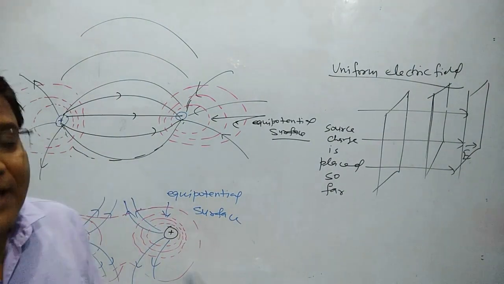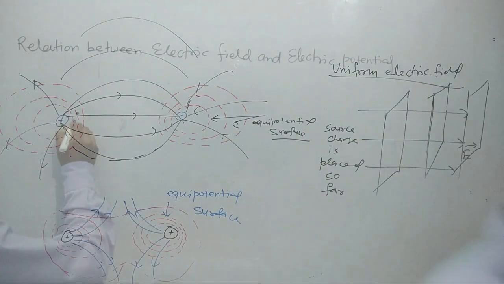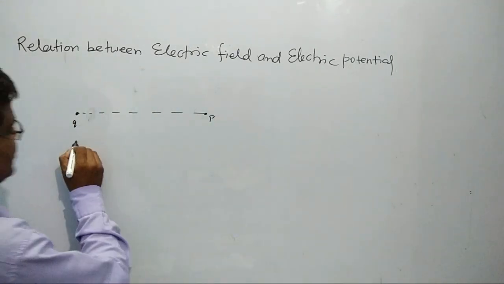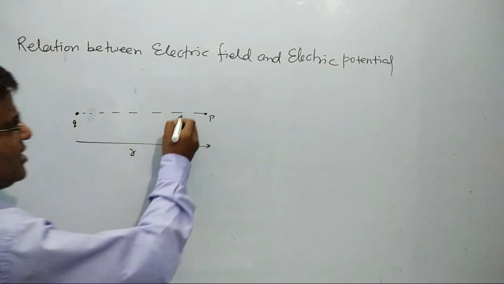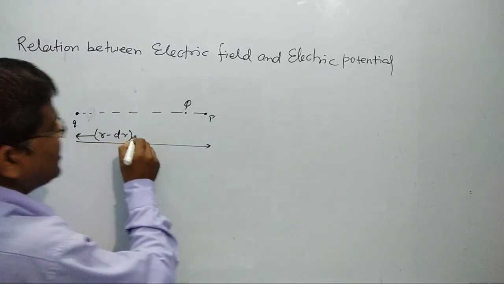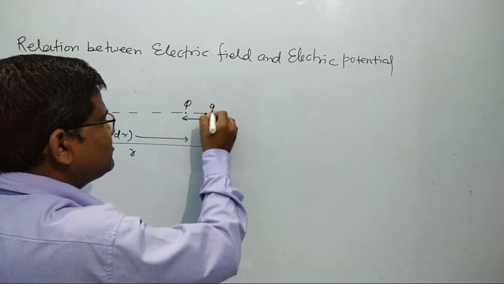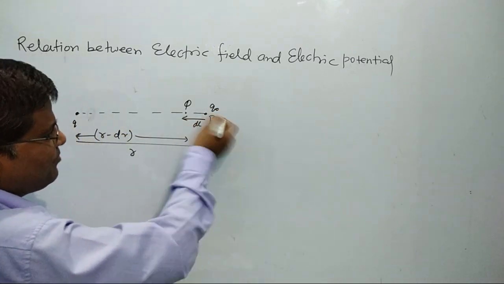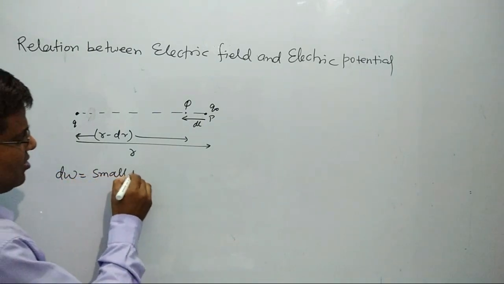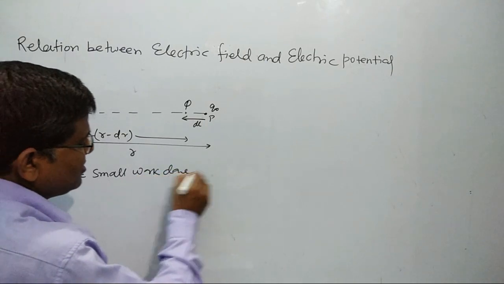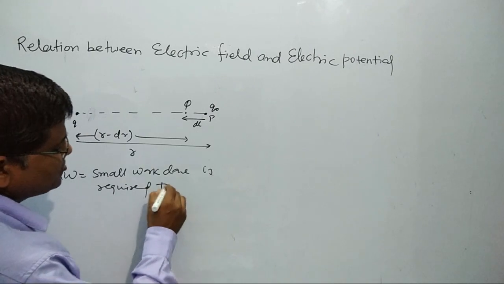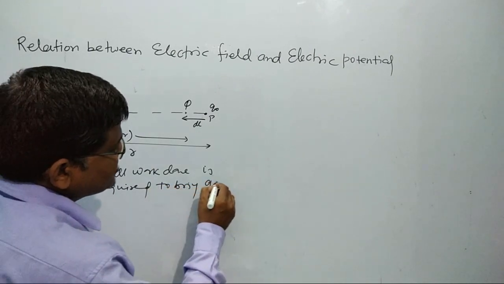Okay, one more thing, the relation between electric field and potential gradient. Charge is Q, and at point P, which is at distance R, and another point is Q, which is at distance R minus dr. Suppose a small charge Q naught is carried from P to Q, then a small work done is required.